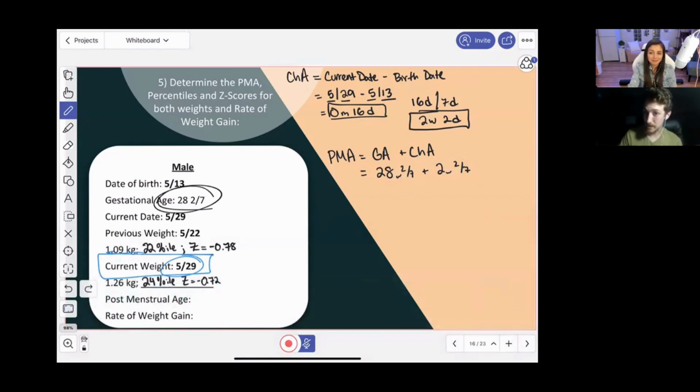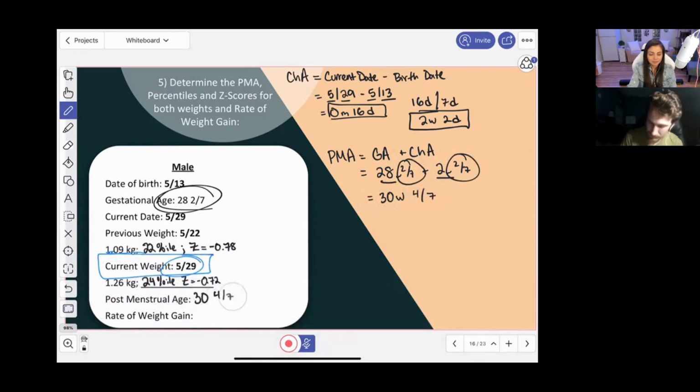We add the weeks together: 28 plus 2 is 30 weeks. Then we add the days: 2/7 plus 2/7 is 4/7, which is the same as 4 days in a week. So the postmenstrual age is 30 weeks and 4 days.